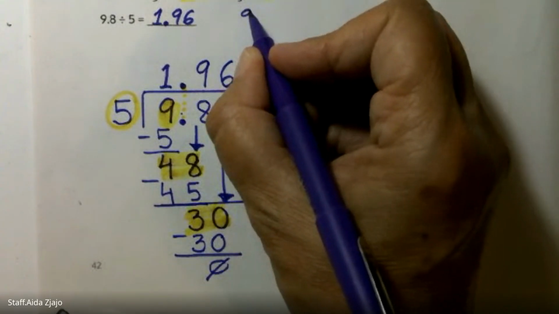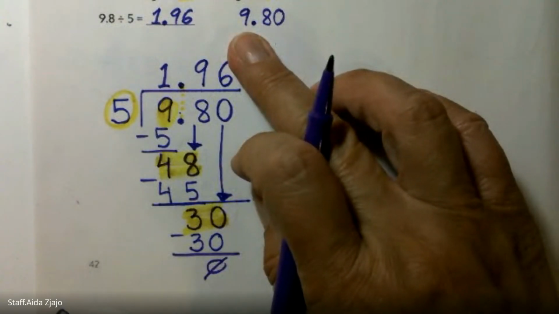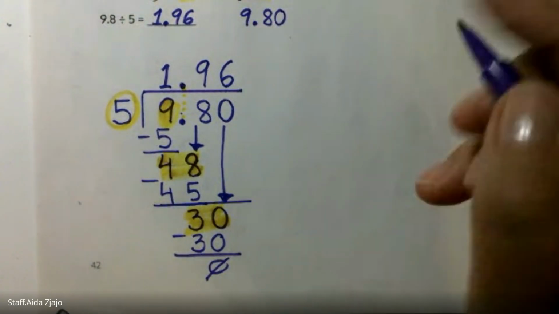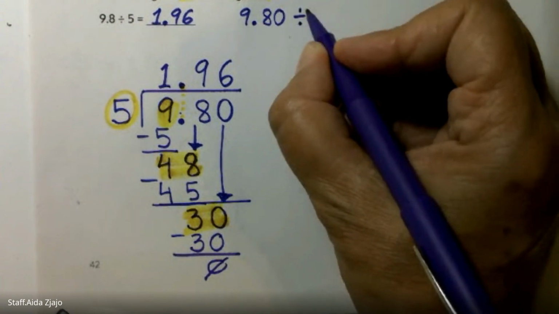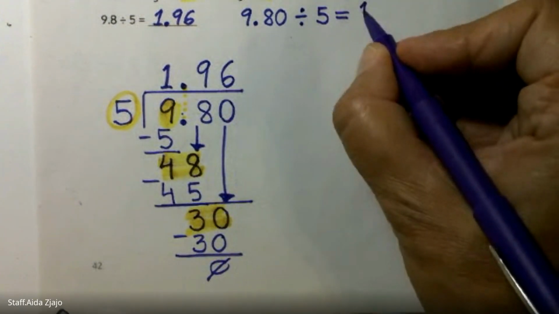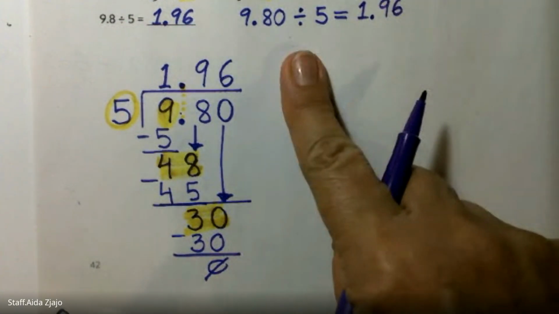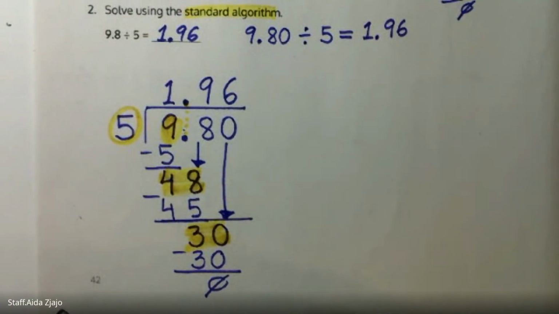It's the same as 9 and 80, so 9 and 8 dimes is the same as 9 and 80 pennies. And when you divide into 5 groups, each group will get $1.96. That is the standard algorithm, and it's number 2 on the exit ticket.